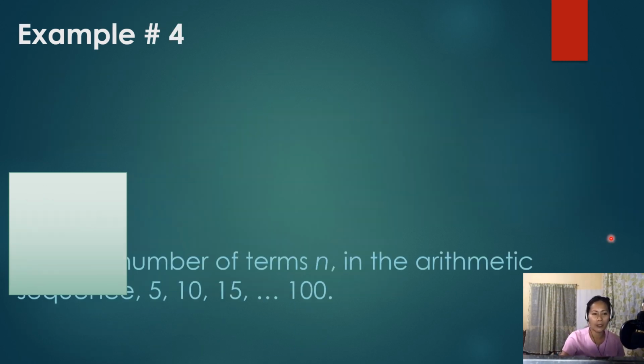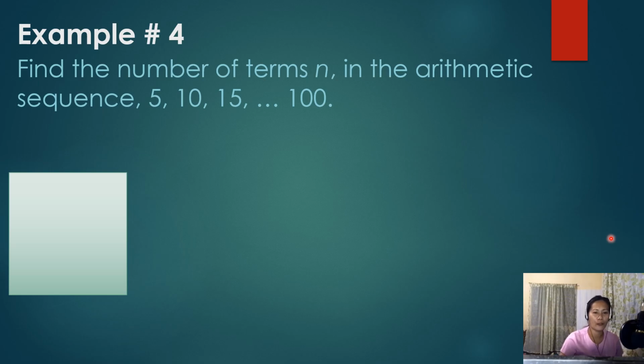Another example. Find the number of terms n in the arithmetic sequence 5, 10, 15 up to 100. Okay, in this given example, we only have 5 as our first term and 100 as our last term.